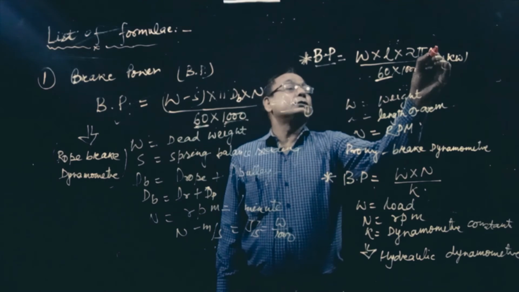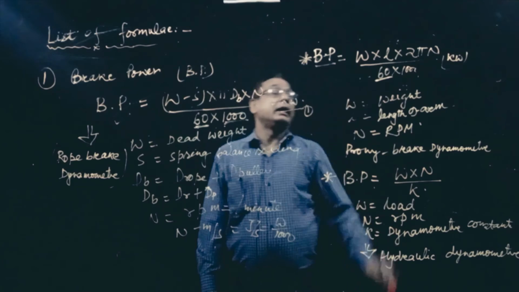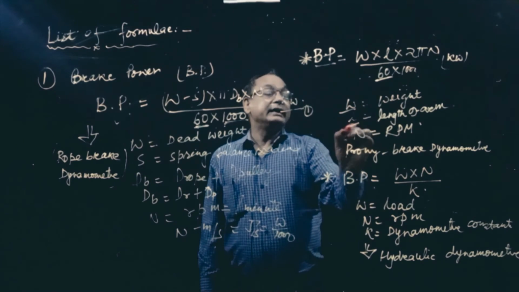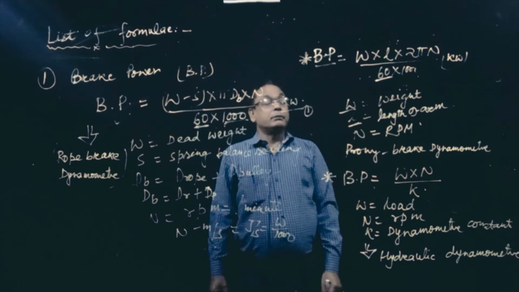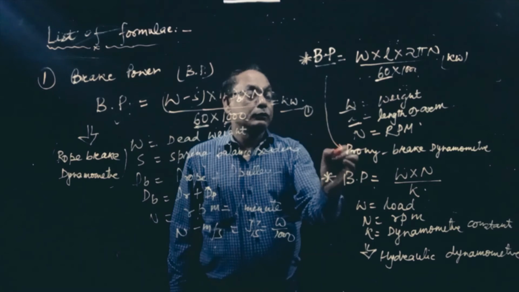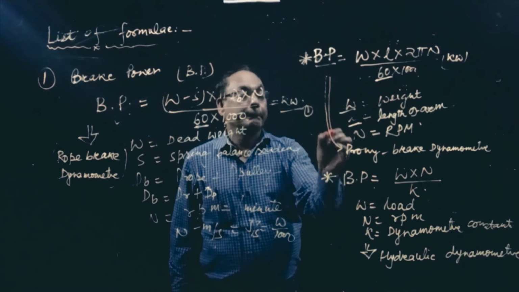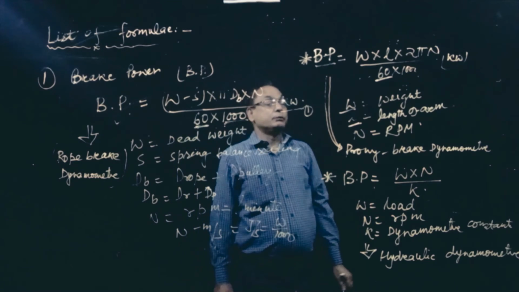Here also all the notations are there. W is equal to load, L is equal to length of the arm, and N is RPM. Remember, this formula is by Prony brake dynamometer.